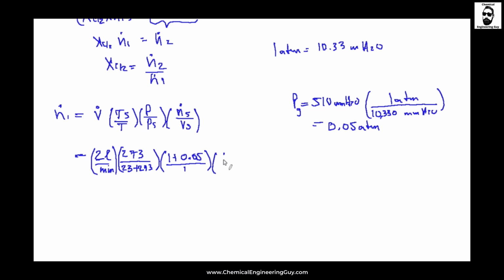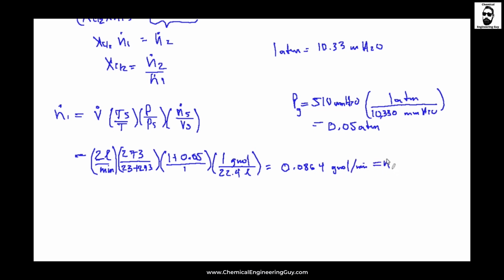NS, it's 1 kilomole per 22.4 cubic meters. And after doing this, we need to change, because we have liters, let me use 1 gram mole per 22.4 liters. Using this, you get 0.0864 gram mole per minute.